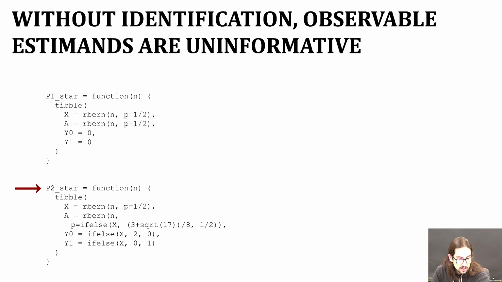In this other data generating process, I have the same covariate, but here the treatment is decided based on this really interesting distribution. If X is true, if this person is a 1 here, so let's say this is like some genetic risk factor, then they are less likely to be treated than if they don't have it.